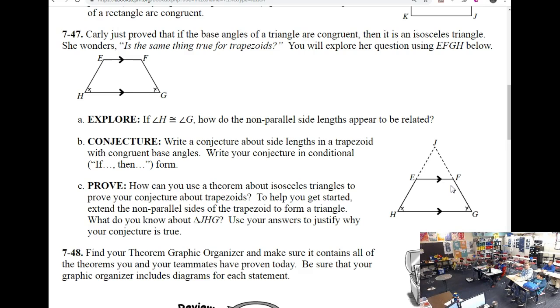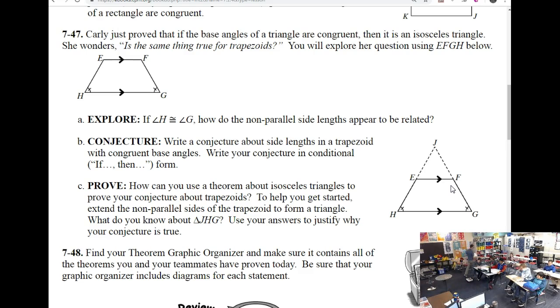Now wait. We proved isosceles triangles, right? We proved the converse of what we already proved. What we had proved was if a triangle is isosceles, it has congruent base angles. What we now proved is the opposite: if a triangle has congruent base angles, it must be isosceles.